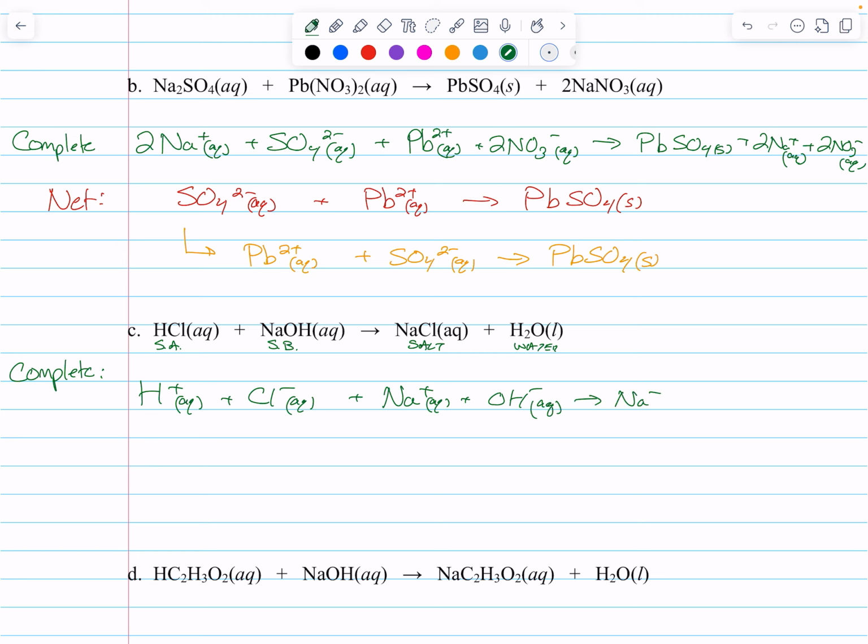Sodium chloride, salt, soluble in water. And all right, our net. Looks like our net is just making water: H plus plus OH minus. So the strong acid, strong base basically just makes water. Kind of nice, huh?